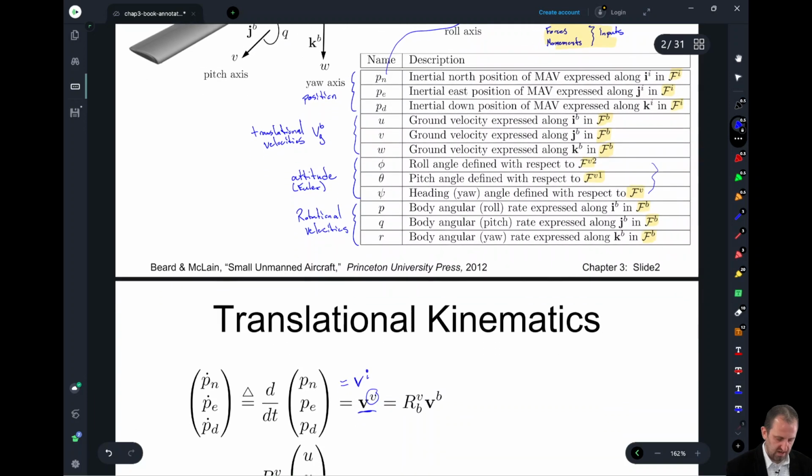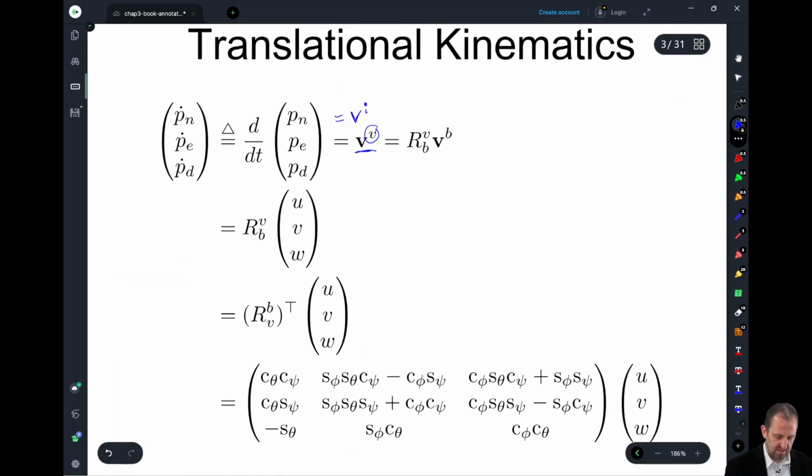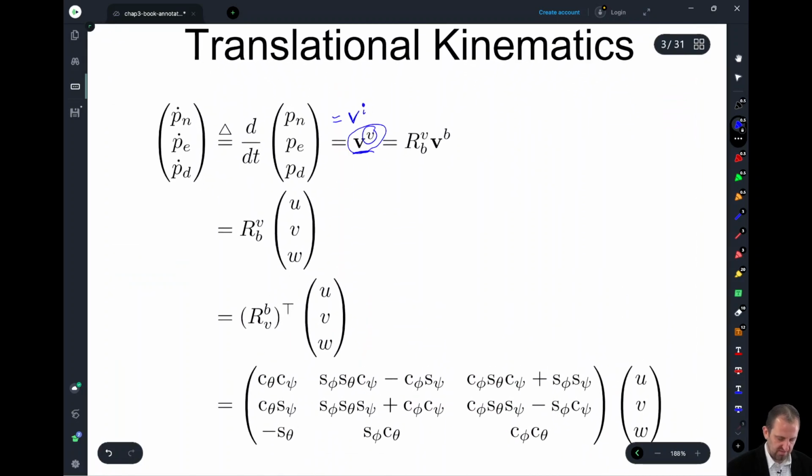Now, we're saying that we have our states defined as u, v, w, and those are in the body frame. So to get our velocity vector in the vehicle frame, all we do is multiply that by our transform that'll take us from the body frame to the vehicle frame.